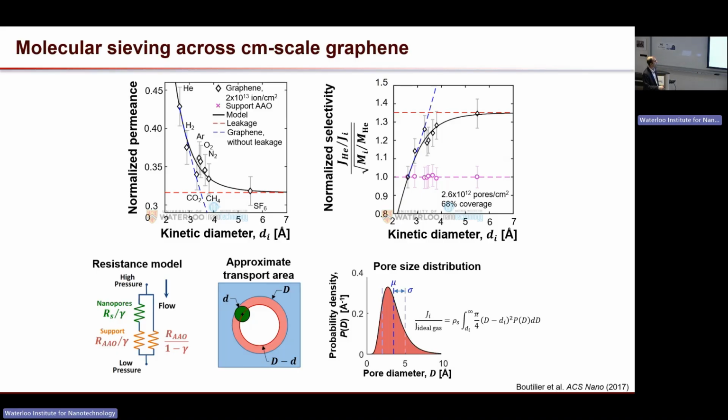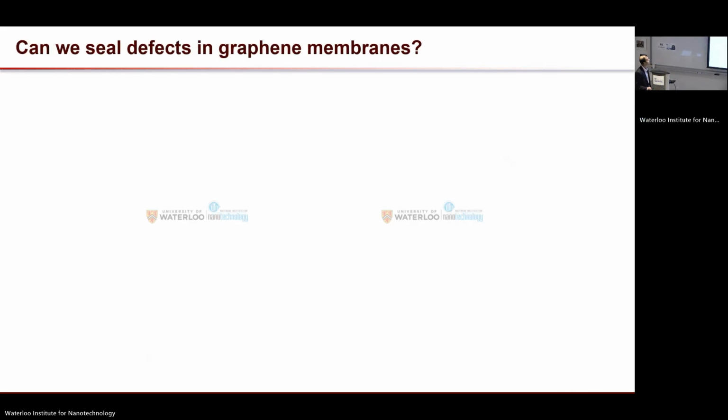And we can explain this based on the pore size distribution that we create. So it agrees. We can take the pore size distribution and it explains the gas transport rates that we see in our membranes. So we still have some defects. Selectivity is not great. Can we somehow seal these defects?